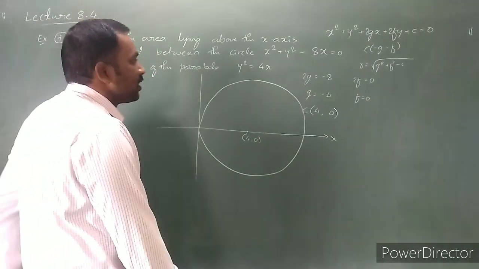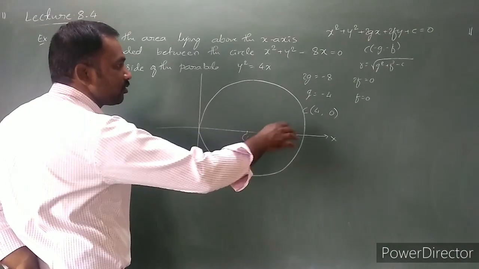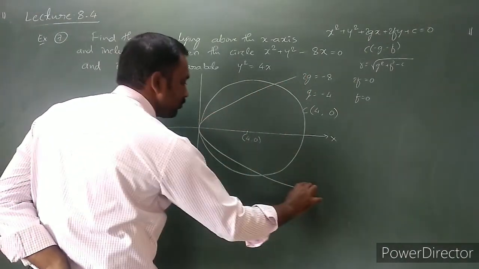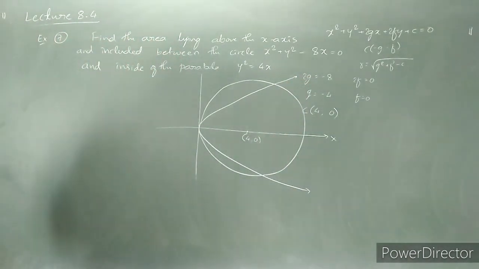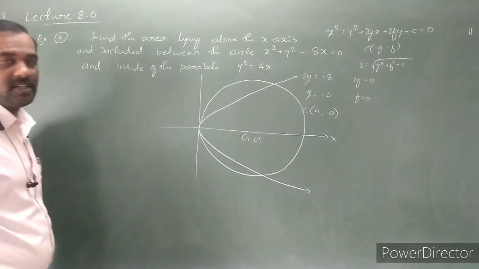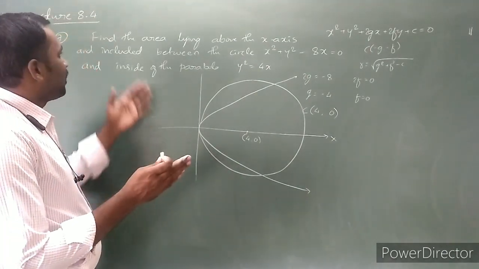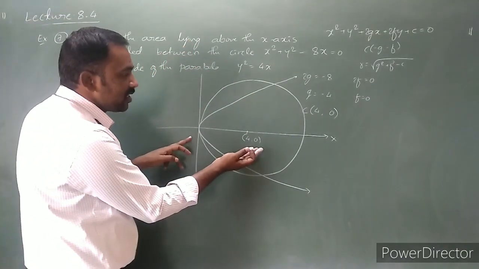This is the center. And the parabola is there, y square is equal to 4x. Y square is equal to 4x means a right-handed parabola. This is the right-handed parabola. Are you clear about this? Now, the area is lying above the x-axis. The x-axis is here.